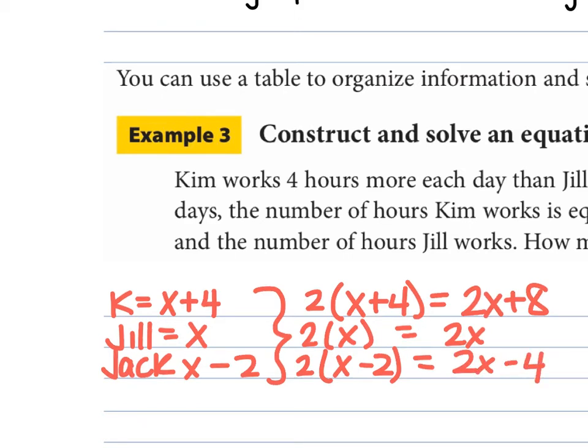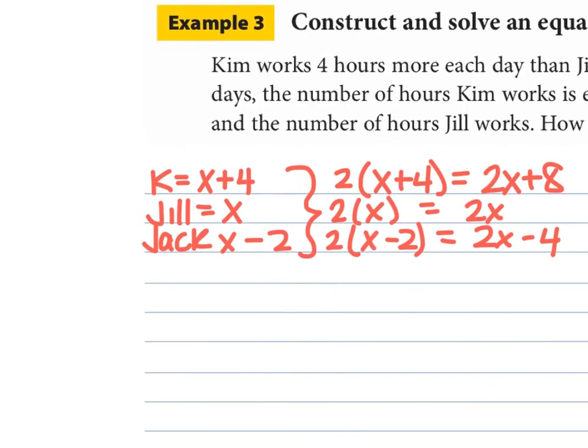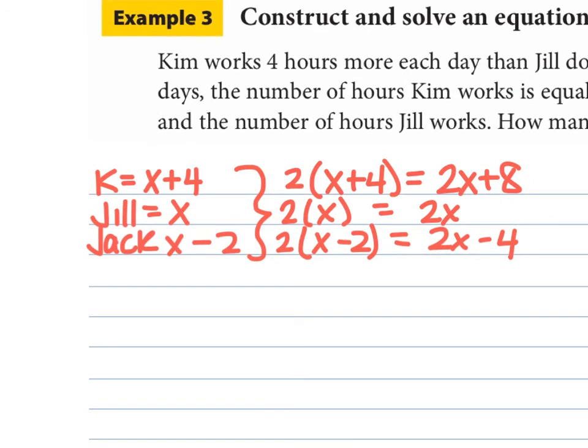So from here, it tells us the number of hours Kim works. So Kim is the 2x plus 8. The number of hours she works is 4 times the number of hours that Jack works, which is the 2x minus 4, and the number of hours Jill works, so that's the 2x.